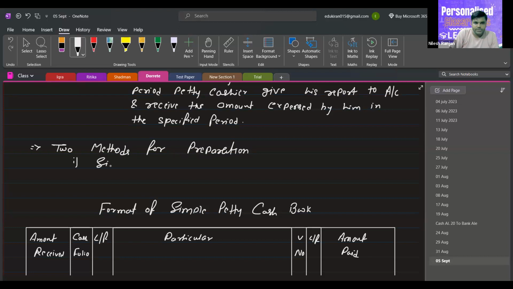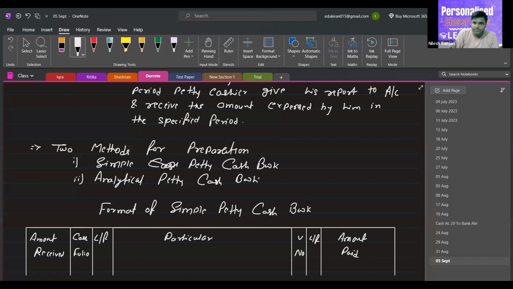The first is simple petty cash, and the second is analytical petty cash. So first of all, we are doing the simple petty cash book.